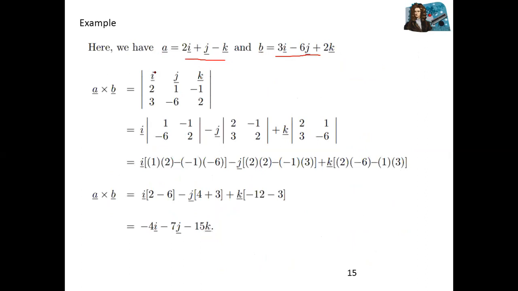So first I write down I, j, k. Then the I component of A is 2, the I component from B is 3. The J component is 1, the J component from B is minus 6. Same, you can write: take first I, then J and K. First one is plus, minus, and then again plus. So again you receive a result, and this is another vector quantity.